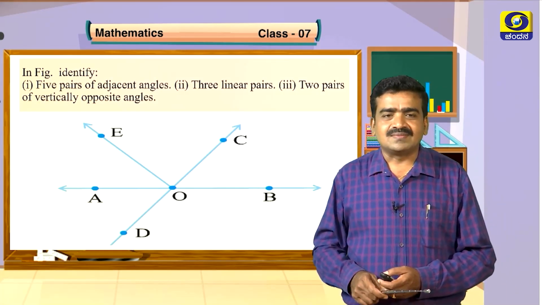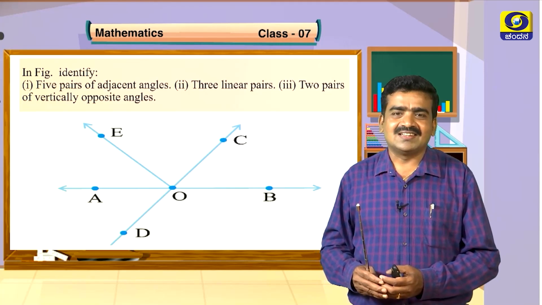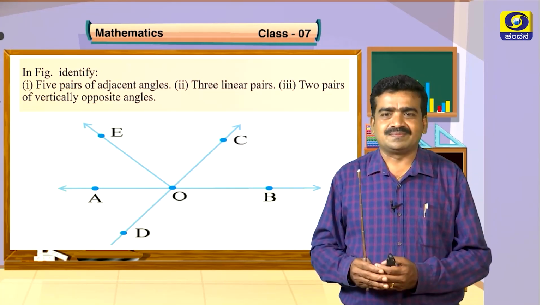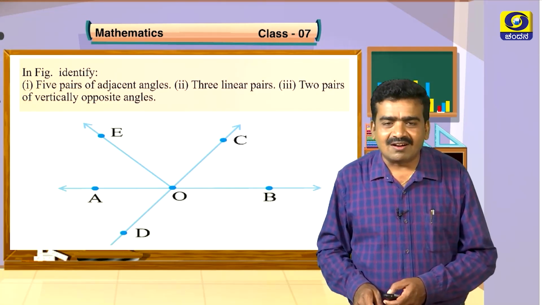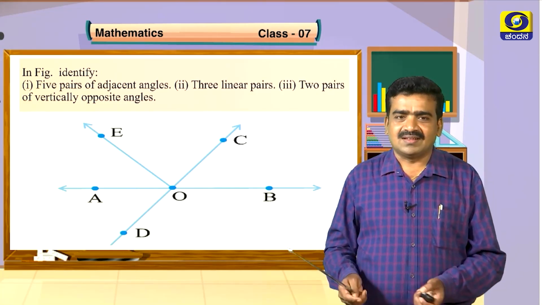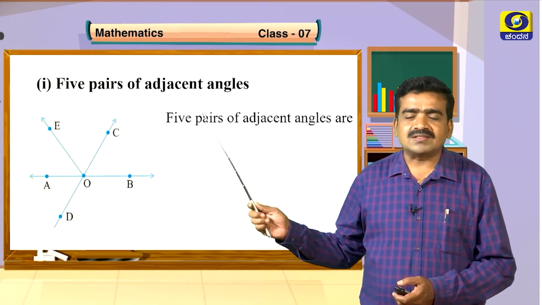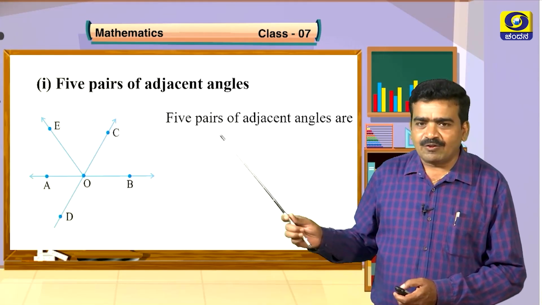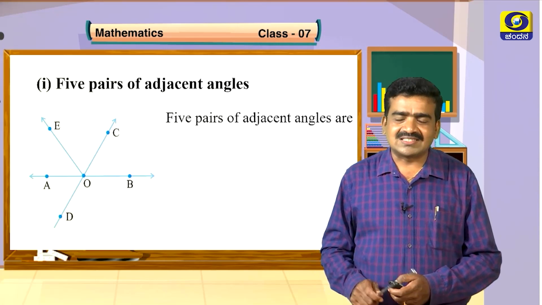In the figure, identify 5 pairs of adjacent angles, 3 pairs of linear pair and 2 pairs of vertically opposite angles. Let us find the answer for the first one. Here, 5 pairs of adjacent angles. Before answering this question, you need to recall the meaning of adjacent angles.